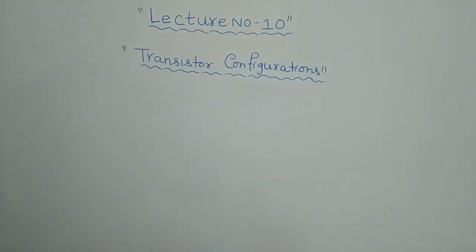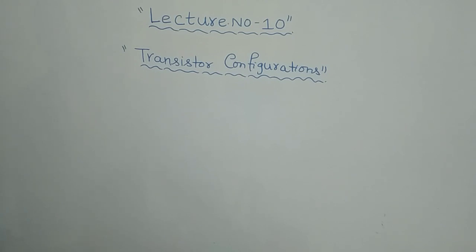By the way, this is our lecture number 10, in which we are going to see the transistor configurations of bipolar junction transistor. If you recall our previous presentation, we have seen that there are three types of configurations as far as the transistor is concerned.